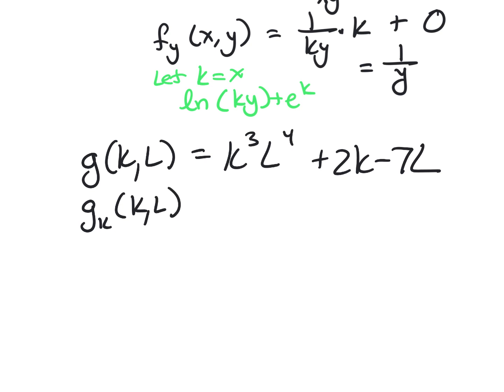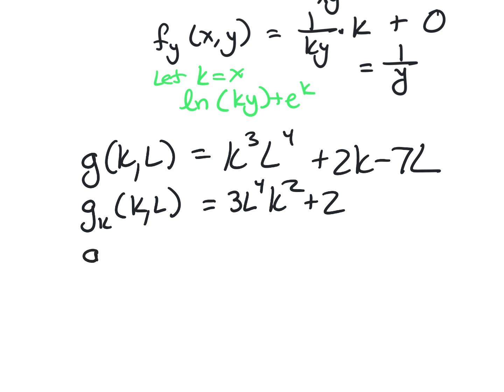So you're going to assume l is a constant. Think of just l as a number. So it'd be 3l to the fourth k squared plus 2, and since l is just a number, the derivative of minus 7 times a number is just a constant, so the derivative's 0 there.